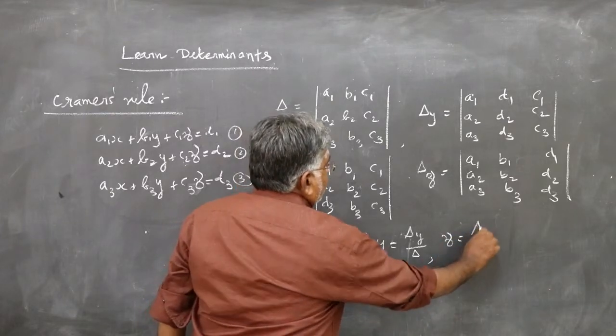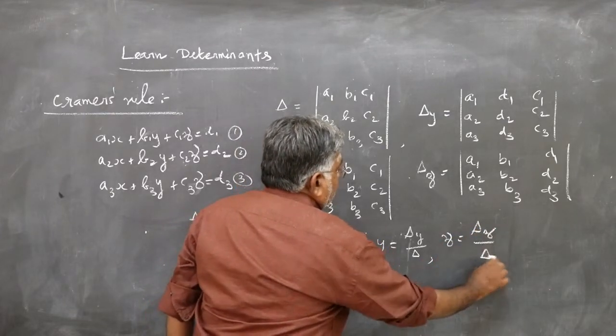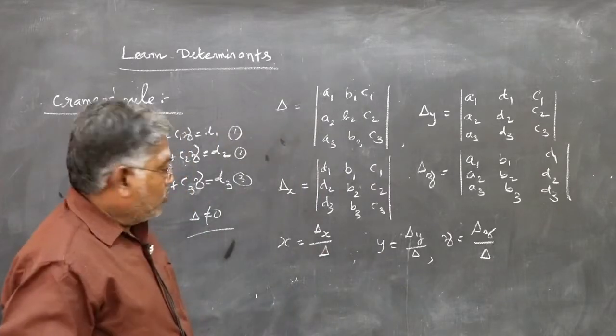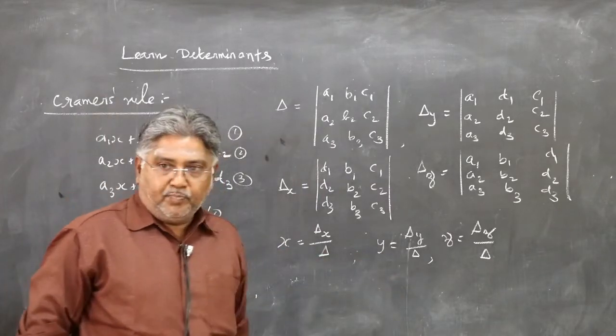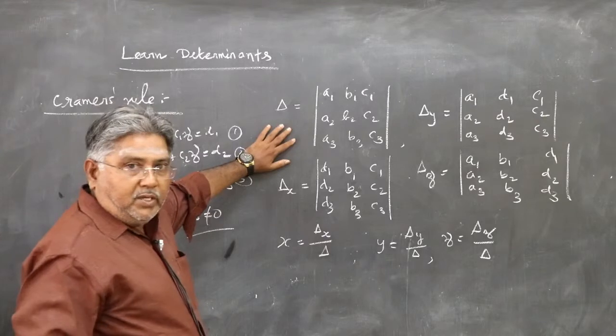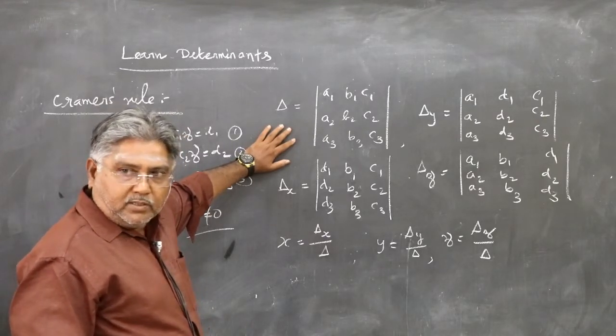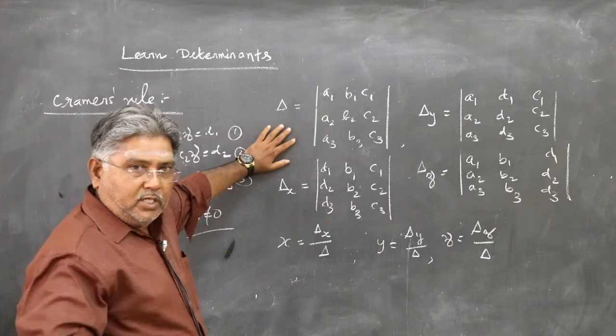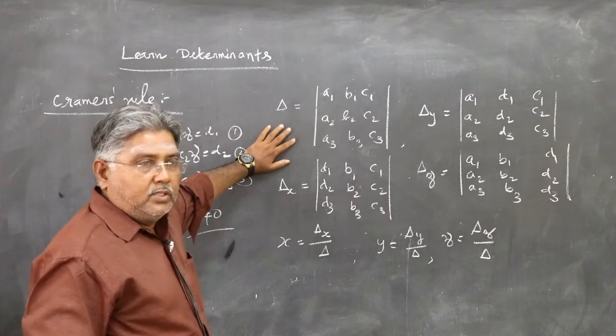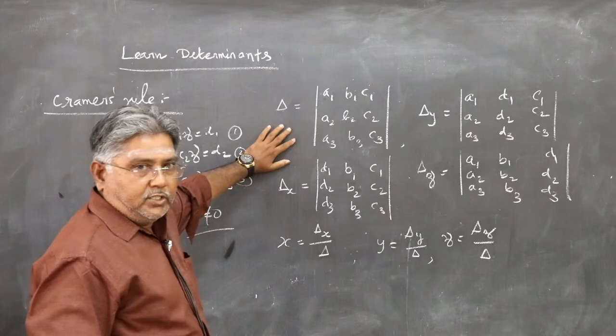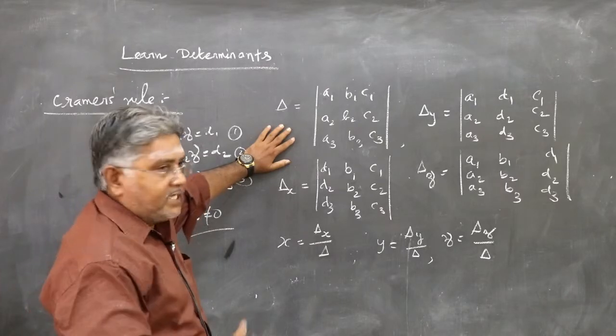Z will be delta sub z by delta. So you can easily solve for x, y, z. Suppose the determinant happens to have big numbers, you can use properties of the determinant so that you can evaluate it with less effort. Okay, we'll take an example.